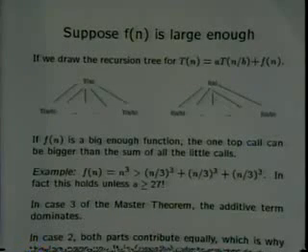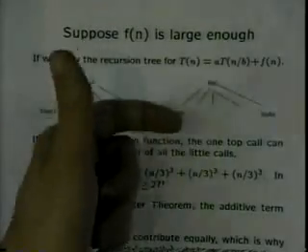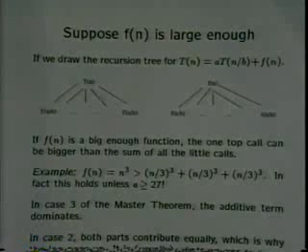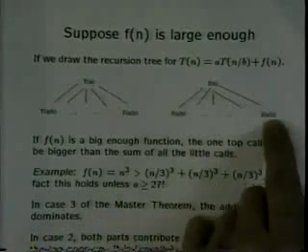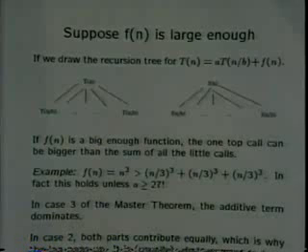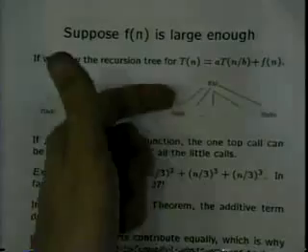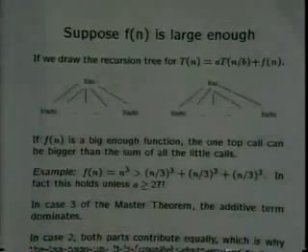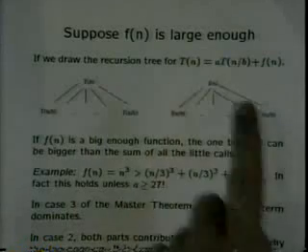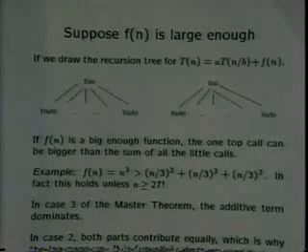So how much stuff is there in this entire tree? Well, if this function grows big enough, f sub n is going to be much bigger than all the terms on the second row. And it's going to be large enough that the total value of the tree is essentially the value of just that one root call, if f sub n grows fast enough.